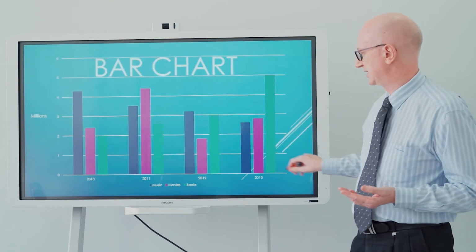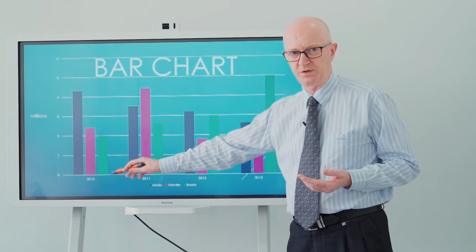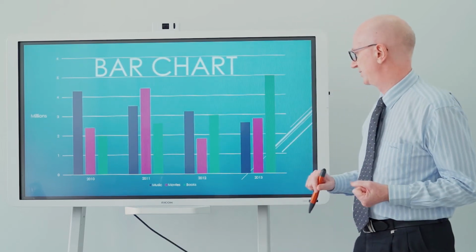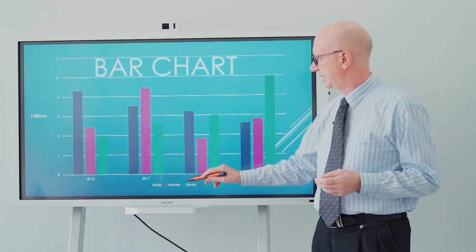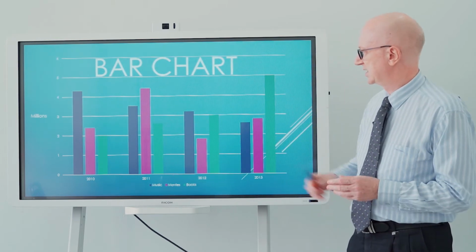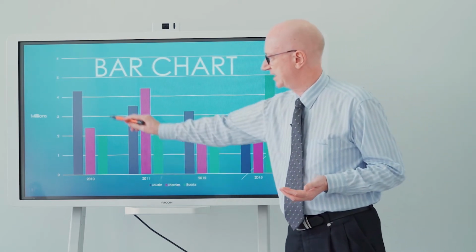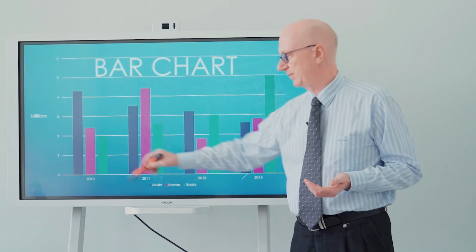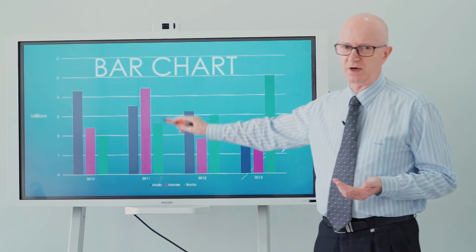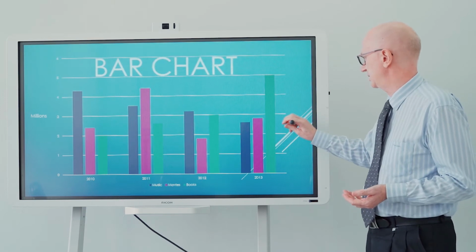On the horizontal axis we have the years from 2010 to 2013. And then finally we have the color coordination. Before we look at more details, we can see that music is represented by the dark blue color, movies by pink, and books by green.